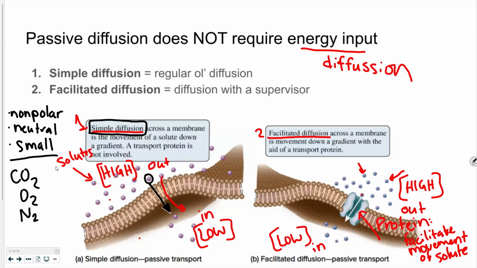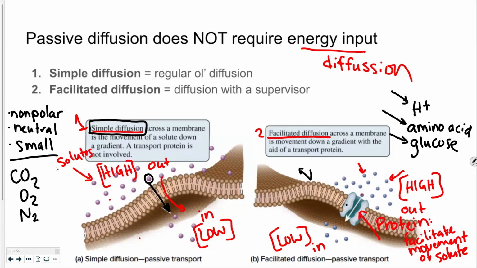But if you are a charged particle, or you are a large amino acid, or you are a glucose molecule, you're charged, you're polar, you're too big to get through these, you're going to get boinged off. So you need a super deduper visor.